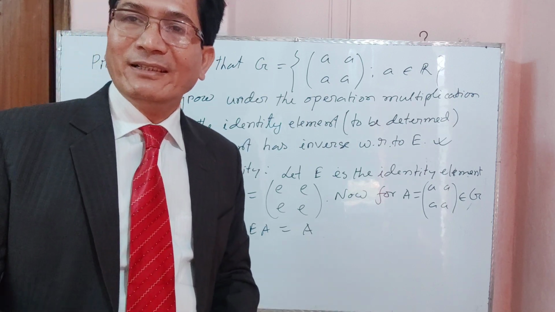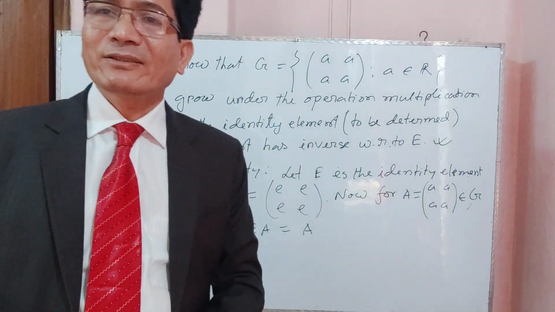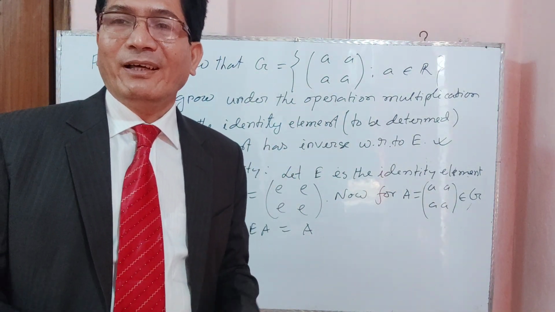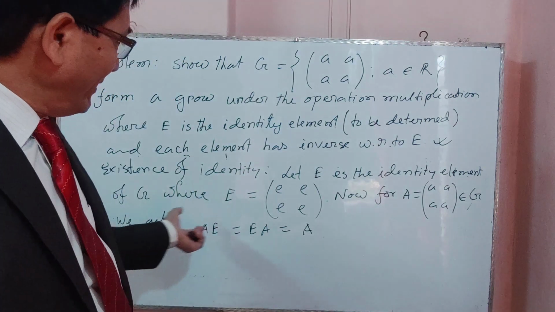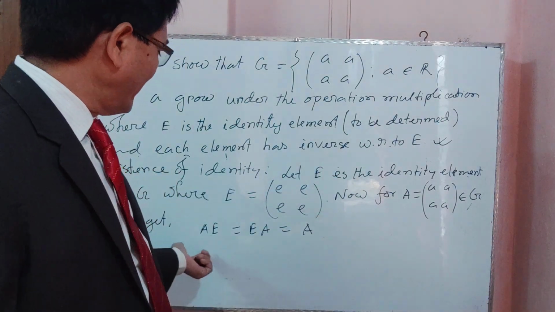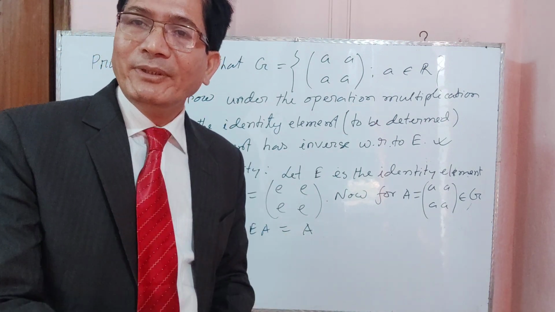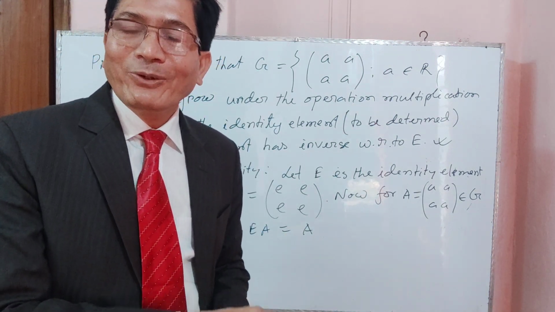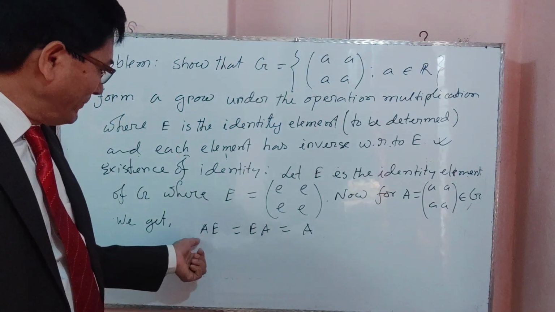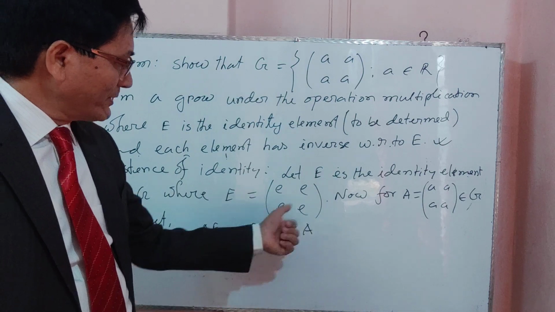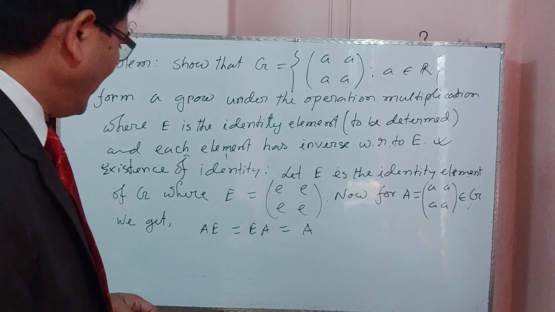An identity element is that element which has no influence if you operate it with another element. It will create no change. That's why we multiply E with A and once again A comes back. So E has no influence, dear students.